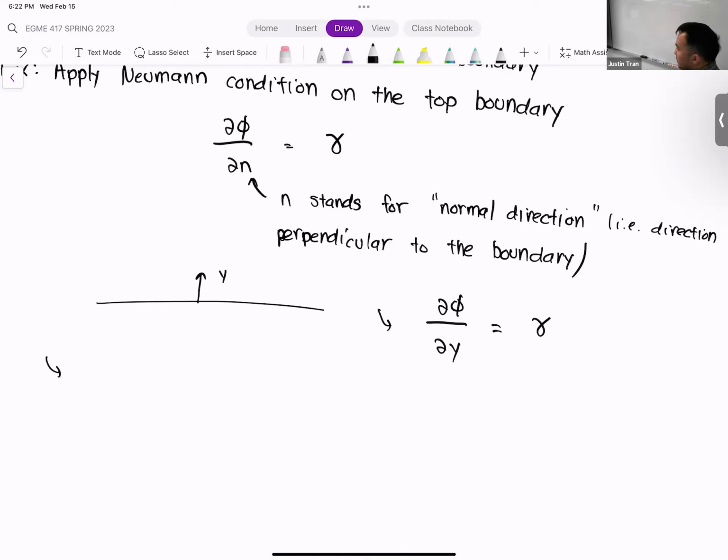Let's talk about how we actually implement this in code. Because remember, whenever we have a derivative like this, we always like to replace it with the finite difference expression.